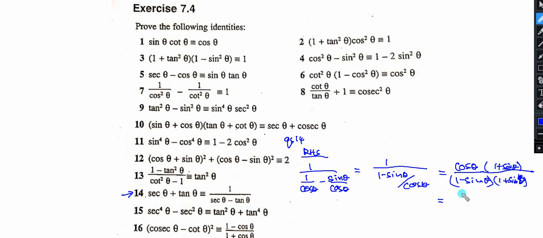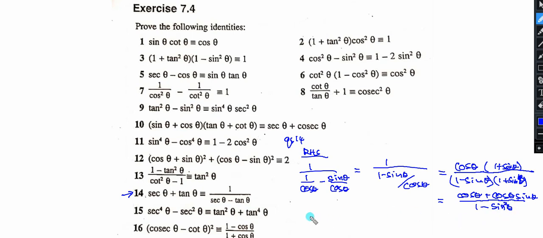Okay, with that you got cosine theta plus cosine theta times sine theta. Okay, now at the bottom you got 1 minus sine square theta.